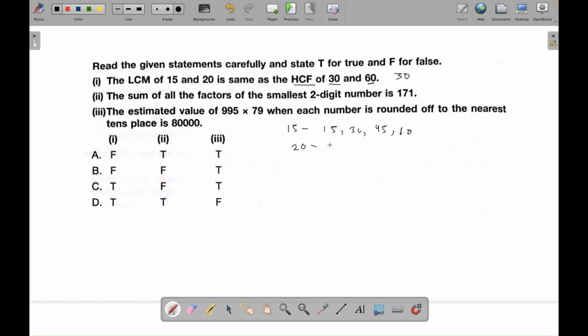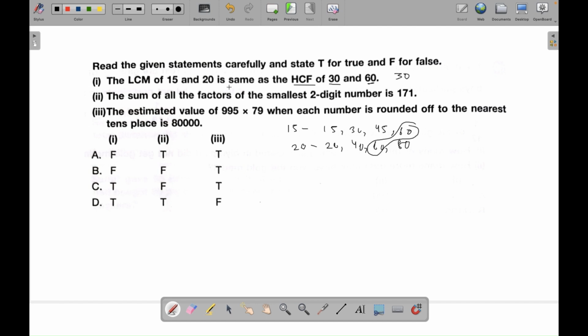If you list out the multiples of 20, it will be 20, 40, 60, 80, and so on. So you can see 60 is a common multiple, and it's the smallest common multiple. So the LCM of 15 and 20 is not the same as the HCF of 30 and 60.